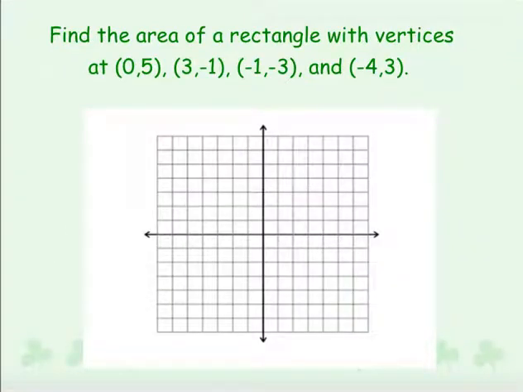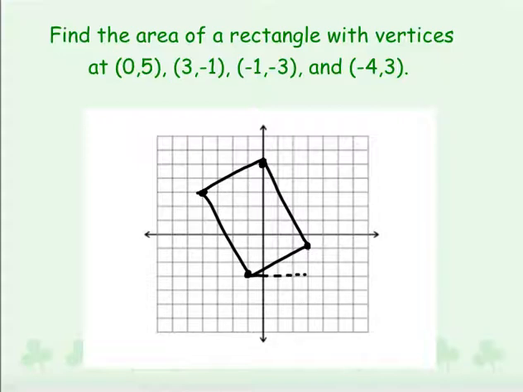All right, find the area of this rectangle with these vertices: (0, 5), (3, -1), (-1, -3), and (-4, 3). So we have this rectangle, and it does actually make a rectangle, and we need to find the side lengths for each of these.